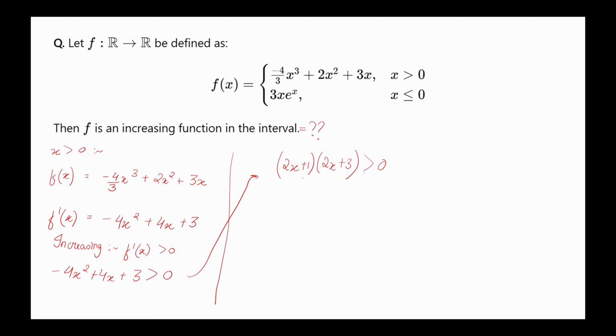So I've gotten my 2 points here. One point is x equals minus half, and the other is x equals minus 3 by 2.